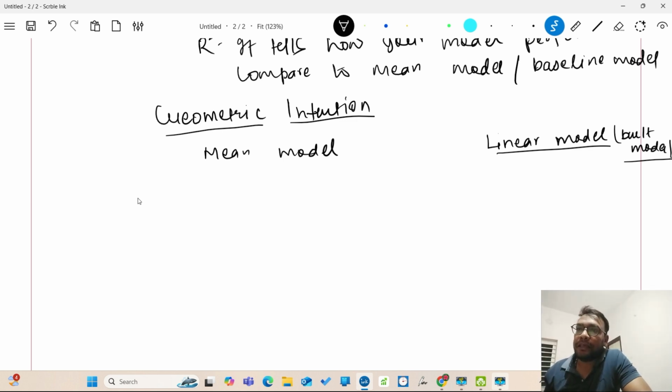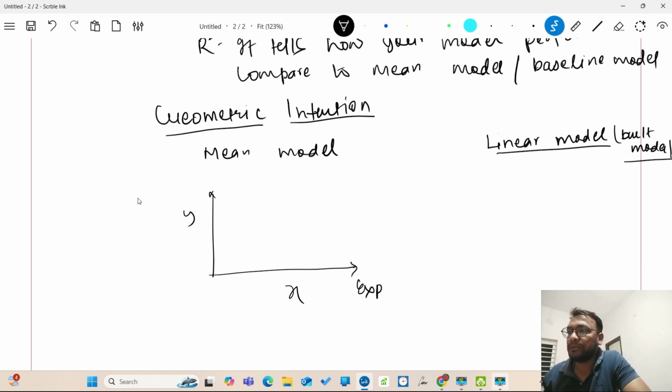If I consider the x axis and y axis, and we predict experience versus salary, just consider experience versus salary. What is the mean model? We just have to draw one line that passes through the average of your data set. Okay, so this is the mean model.